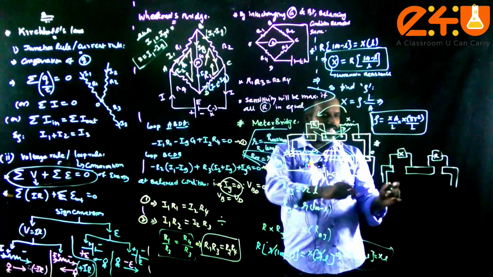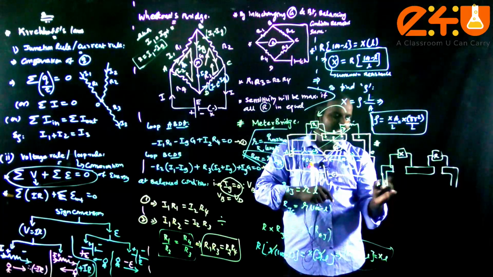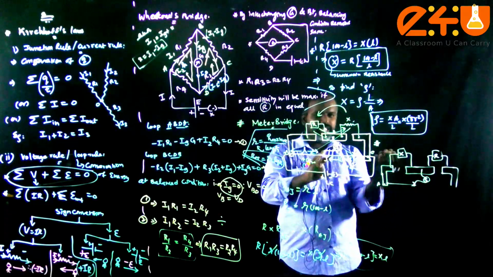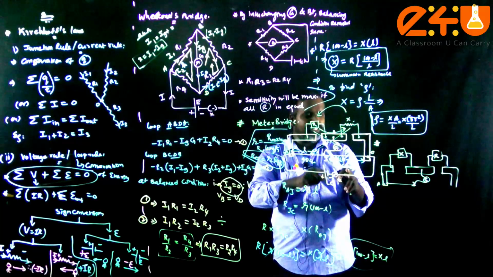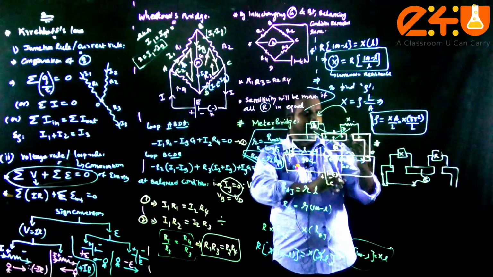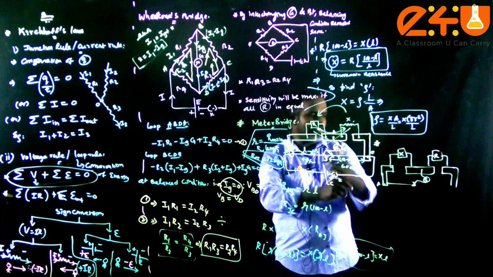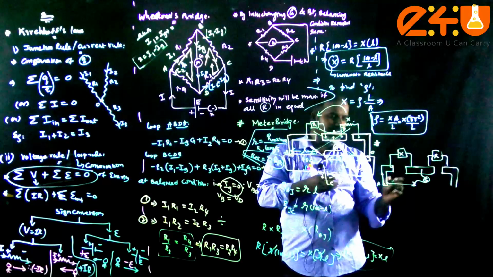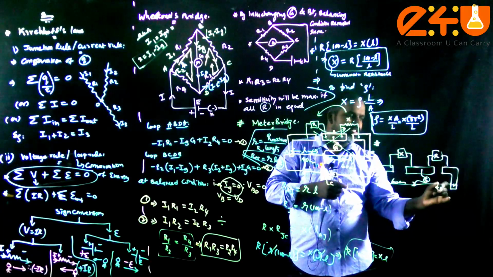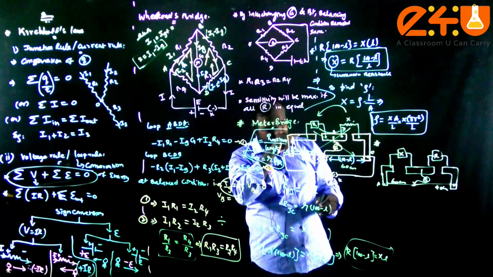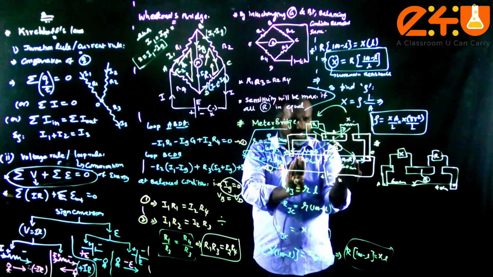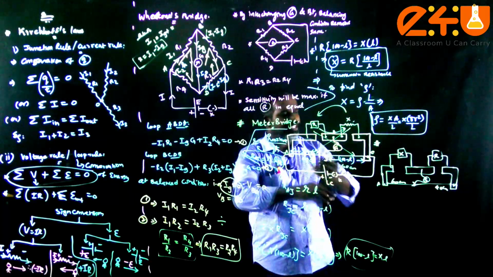Now you interchange them: along the X side 60 was there, along the R side 40 was there. Now X and R are interchanged, so this side becomes 60 centimeter and this side becomes 40 centimeter. That is the important thing. Whenever the positions of R and X are interchanged, the corresponding balancing lengths also get interchanged.